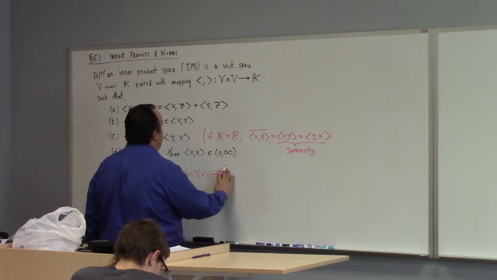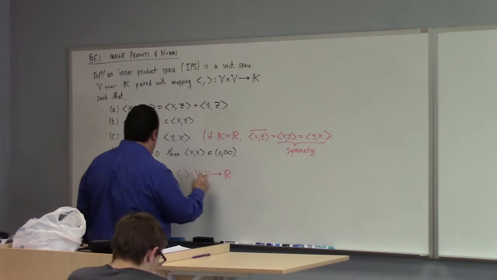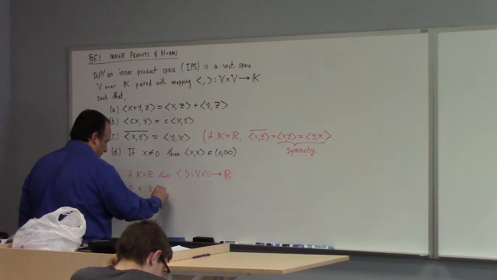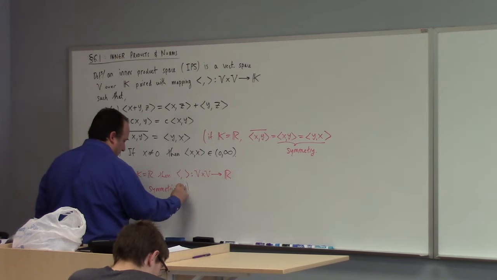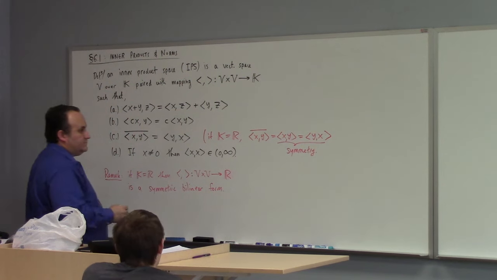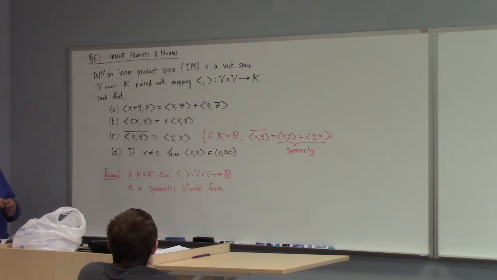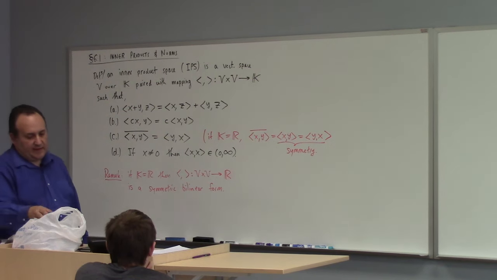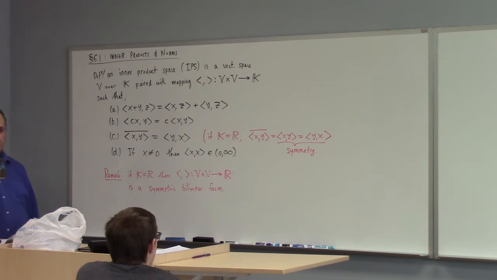It's more than that, though, because it also has this property down here that if x is not equal to 0, then the inner product of x with x is positive. That's not automatically true for any symmetric bilinear form.